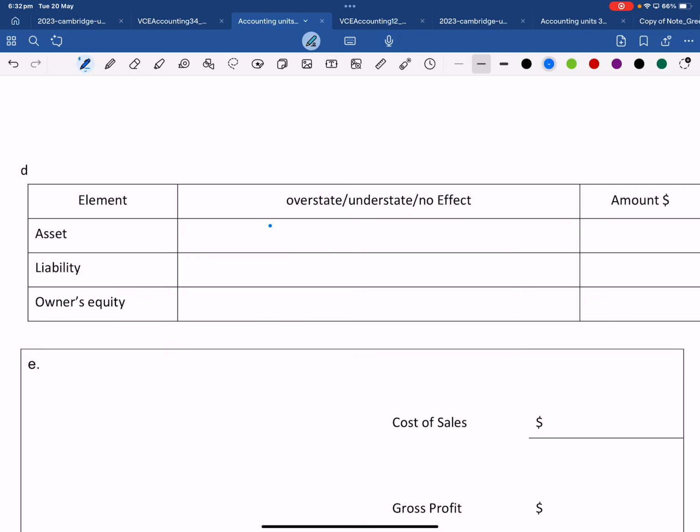What is it? Inventory. Then the amount is 500. Overstated.